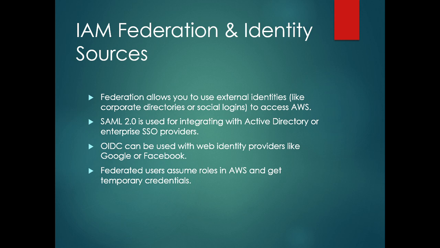So whenever it is required, federation is available. SAML 2.0 is used for integrating with Active Directory or enterprise SSO providers. OIDC works with social logins like Google or Facebook.